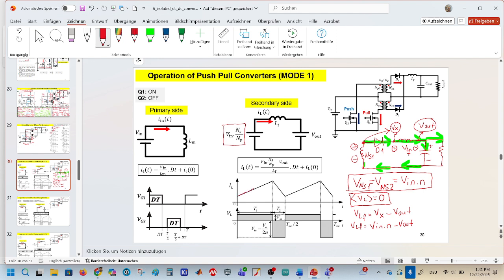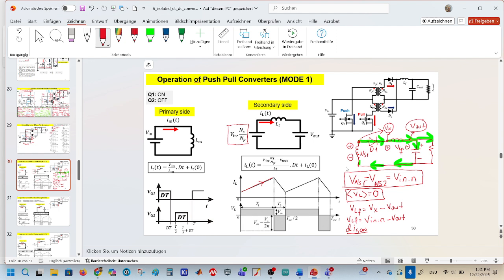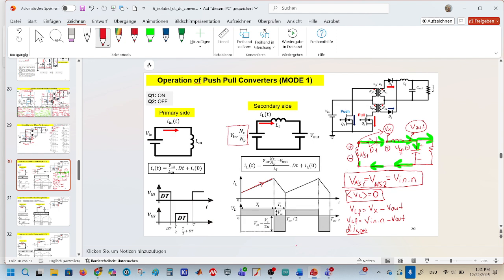That means the current on the output inductance is rising. You know, from the previous lectures, we always define dt.